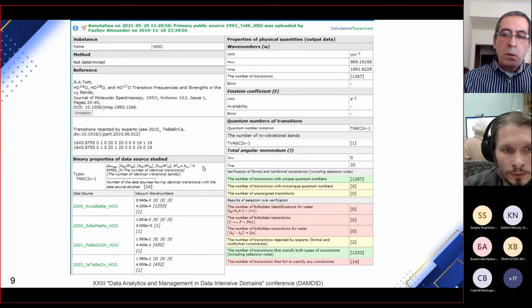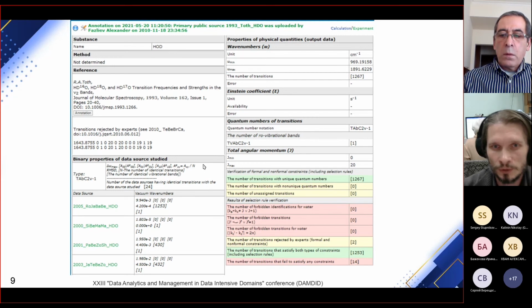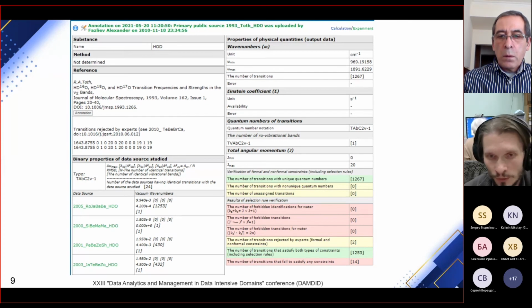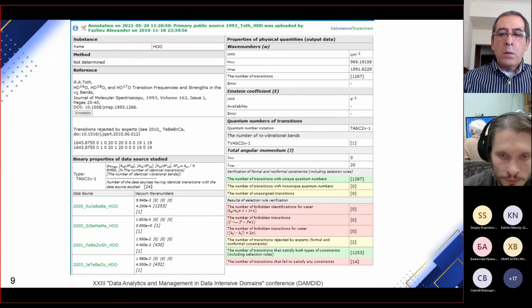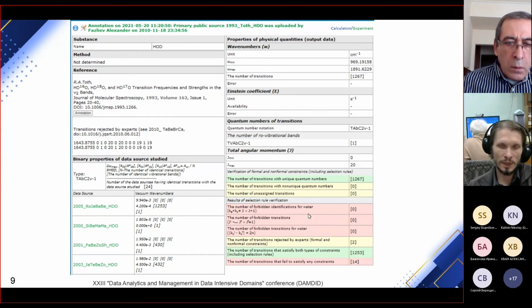And the unary properties of a data source include properties of physical quantities, such as wave numbers or Einstein coefficient, notation of quantum numbers, and different selection criteria based on quantum numbers, and also based on different selection rules. We strive to provide the same amount of data and metadata for other research, which we will talk about later.